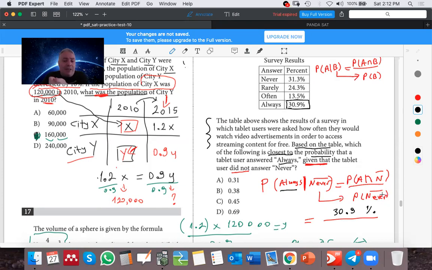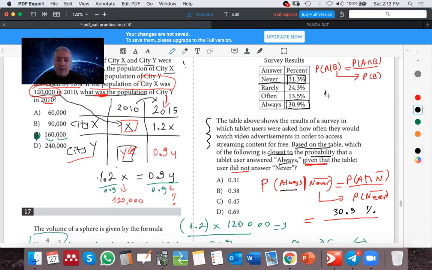Now, the tricky part of the question. Out of never. Who didn't say never? The question is not who says never. Be careful. Who didn't say never? Very simply, if someone says never is 31.3%, what will be not said if totally 100% is everything?